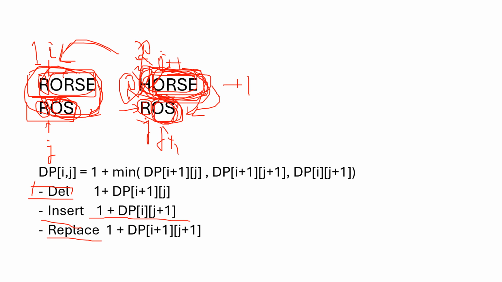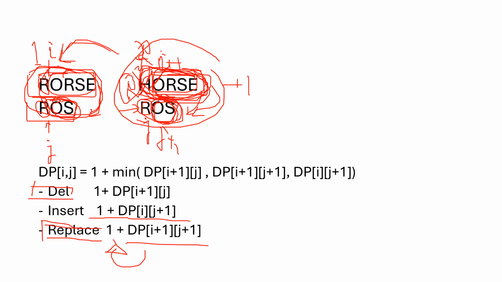If we have the minimum edit distance for that, then that value plus 1 will be our solution, I mean the global solution for this when we choose the replace, right?